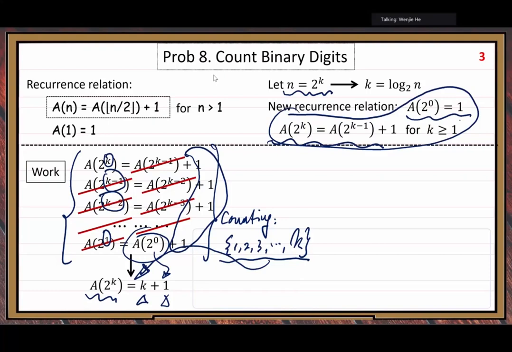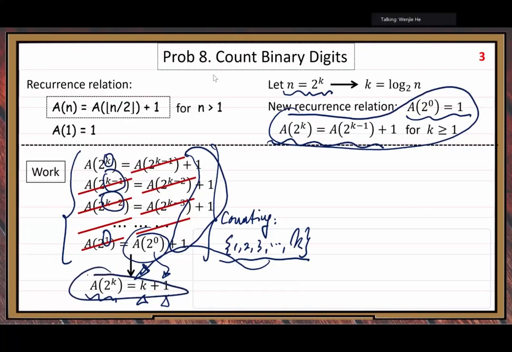Here, k is an intermediate variable. It's not an n. So we find the answer, but it's not our final answer. This is our current answer.